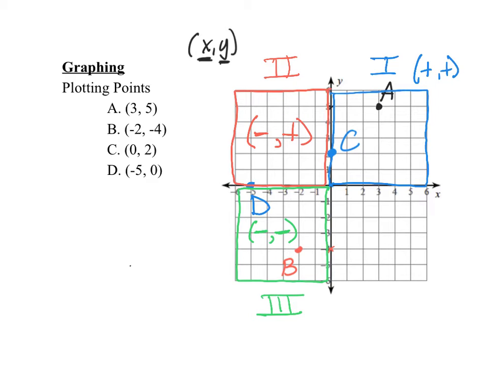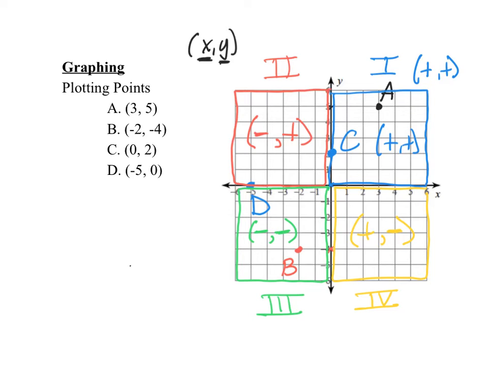And then the bottom right is called quadrant 4. They always label these in Roman numerals. Every point in this quadrant has a positive x and a negative y. So that may help you when you're graphing, to think of it that way.